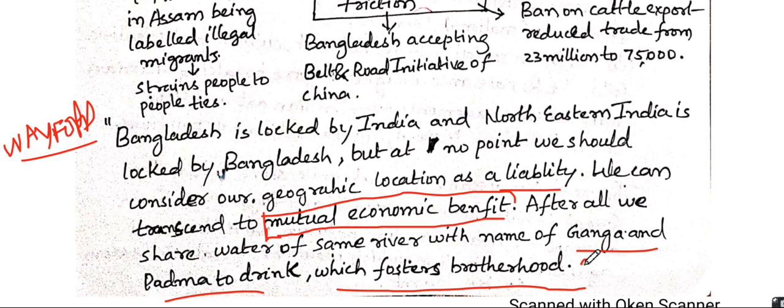Something which you write in an essay could be used here as well. Use such emotional things carefully, like fostering brotherhood by drinking the same water of Ganga and Padma, and our geographical location should not be a liability, with economic benefit mutually shared.